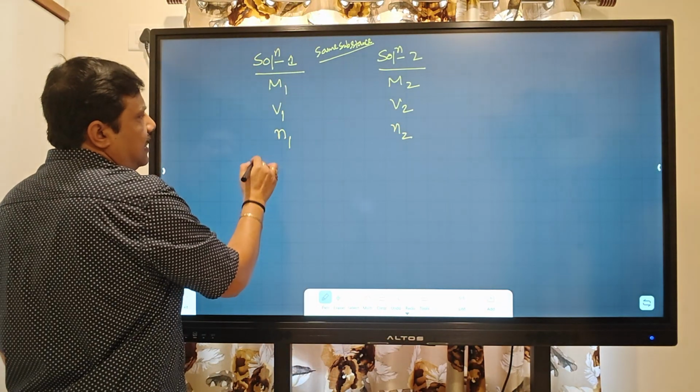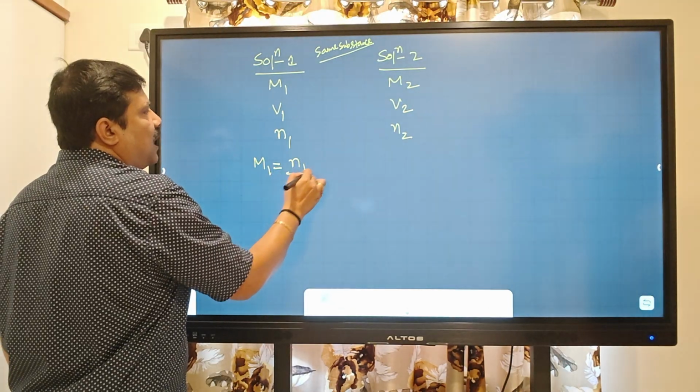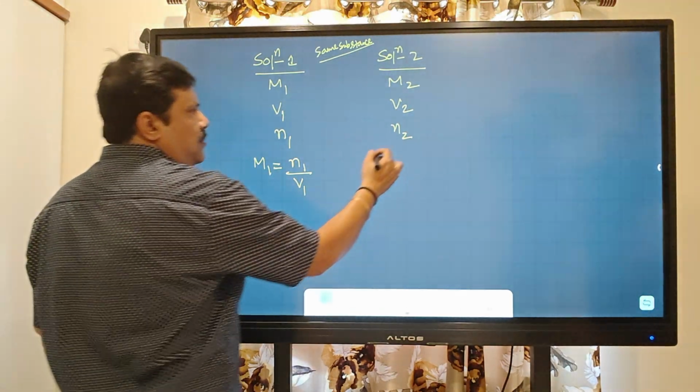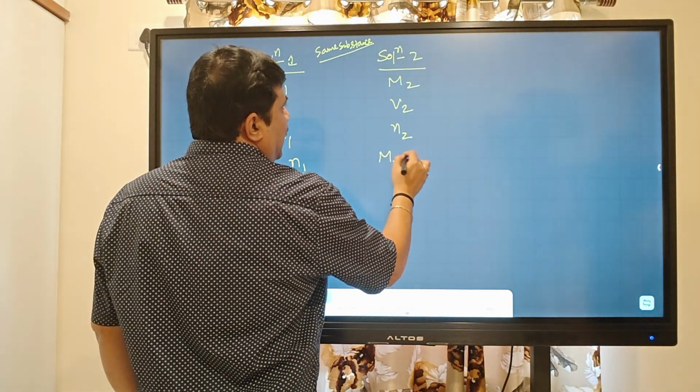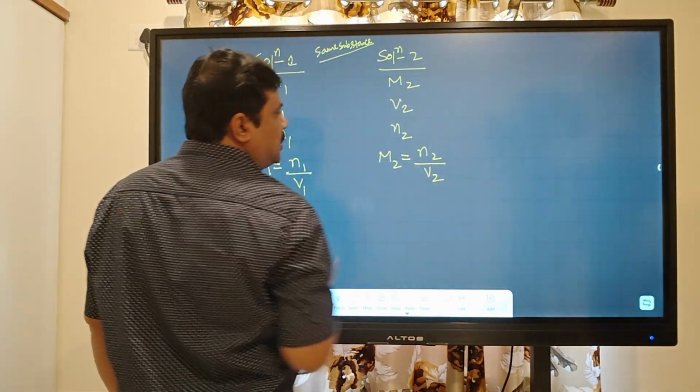Directly I can write molarity equals number of moles of solute by volume of solution in liters, and the same way for the second solution.